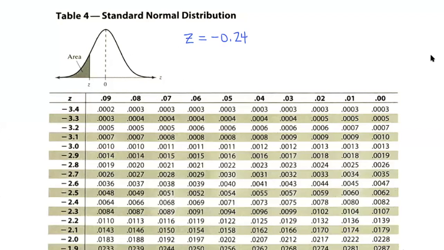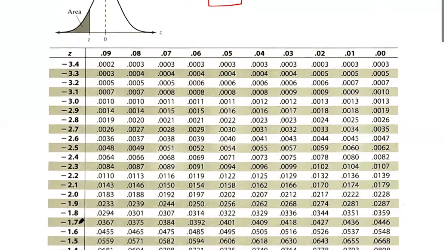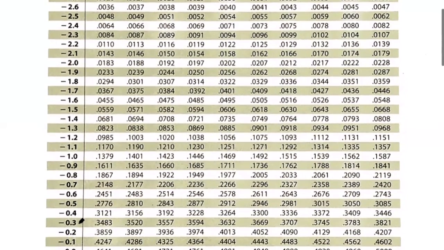The next z-score we were asked about is negative 0.24. So I've now gone to the part of the table that has the negative z values, and this chart works the same way. You begin by looking up your first two digits on the left-hand side, and in this case I need to scroll down a bit.